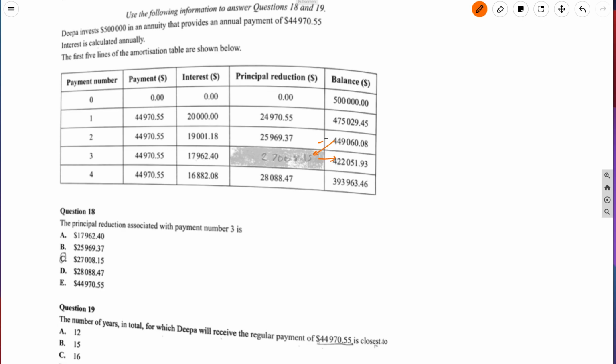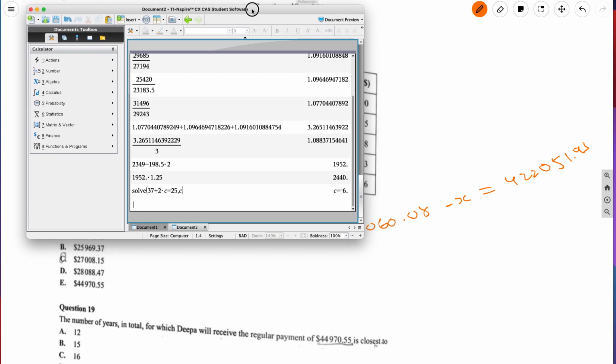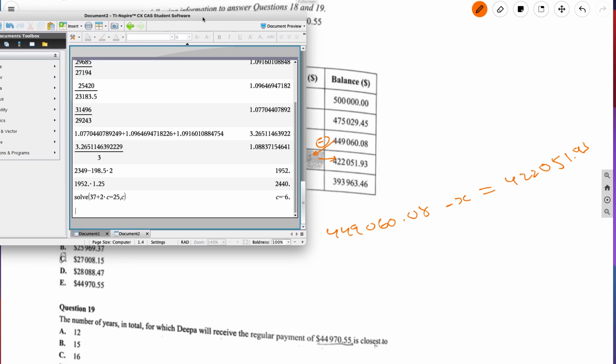The principal reduction, you just subtract from the previous balance, you subtract the principal reduction, and it'll bring you down to the new amount. So therefore, if 449,060.08 minus X brings us to 422,051.93, then we know that we can just solve for X there. There's a lot of solving I've noticed, a lot of equations from them this year.